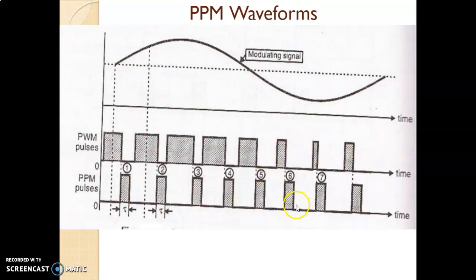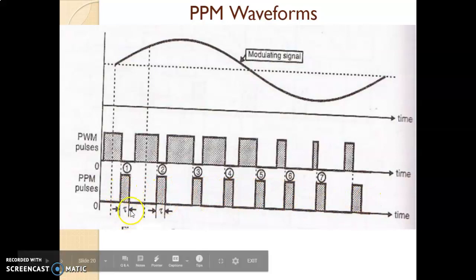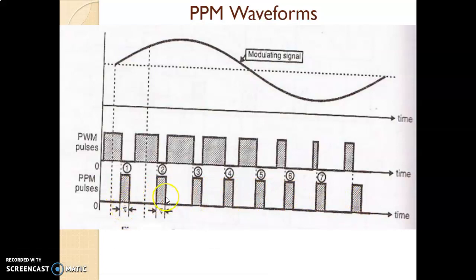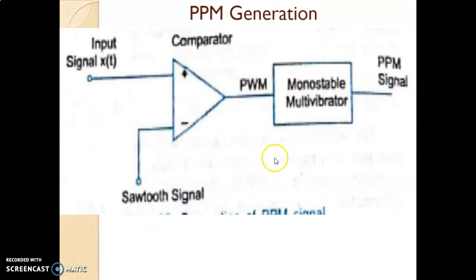But important to note here, the PPM pulse width of all pulses is constant, that is tau is constant, only their position is changing. So at all the trailing edges of the PWM signal, the PPM pulses have to be drawn. PPM pulses always come from the PWM, and that is what we have seen in the PPM generation circuit.